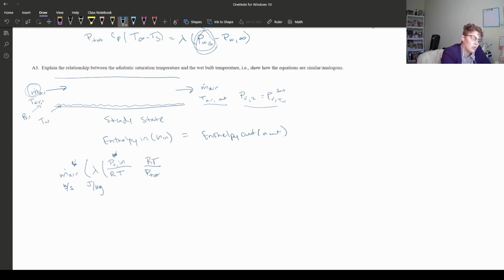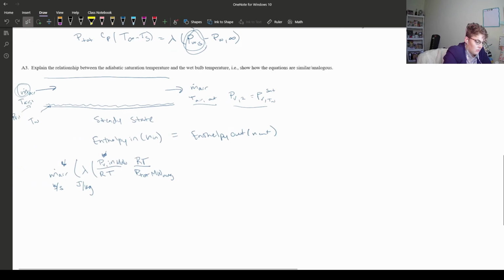And what we need to include here is that we notice this would be in terms of moles, and what we need are kilograms. So we also need to include the molecular weight of water here and the average molecular weight of the air here, in order to keep these kilogram terms matching with these terms.